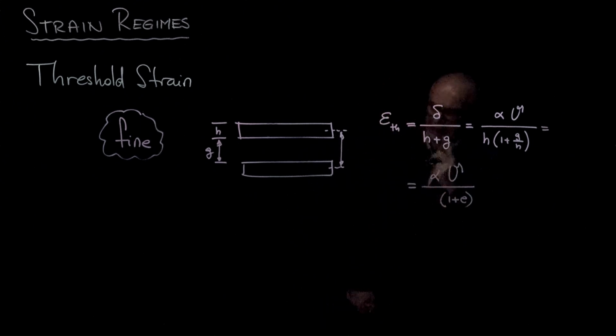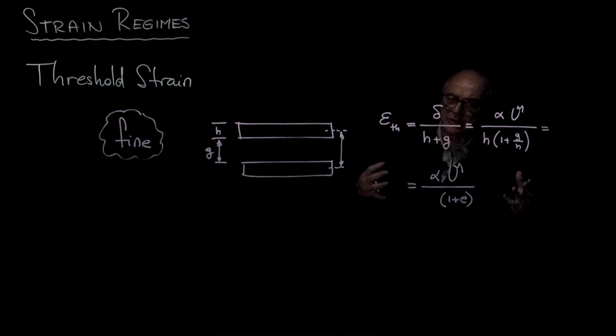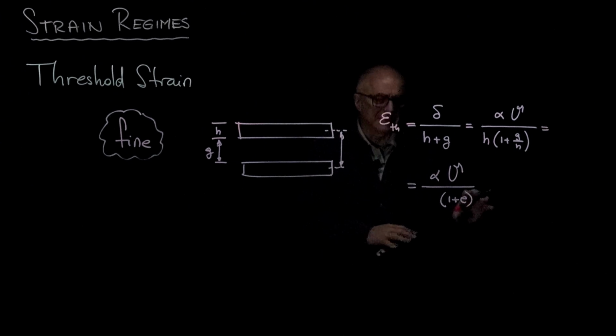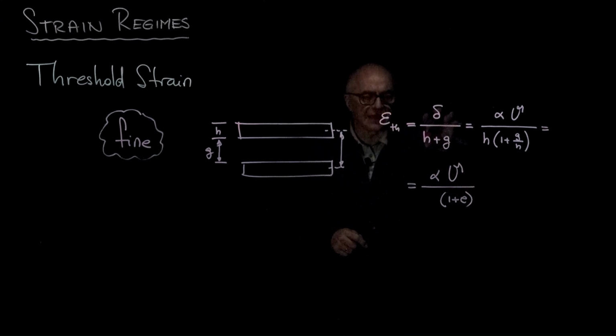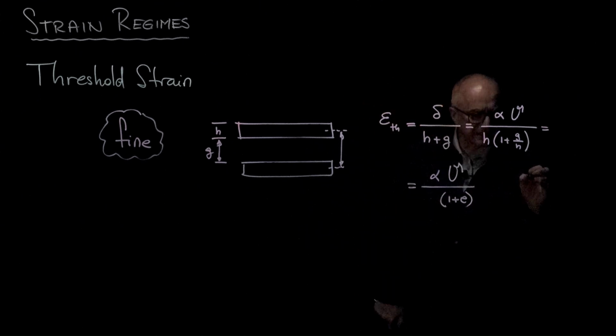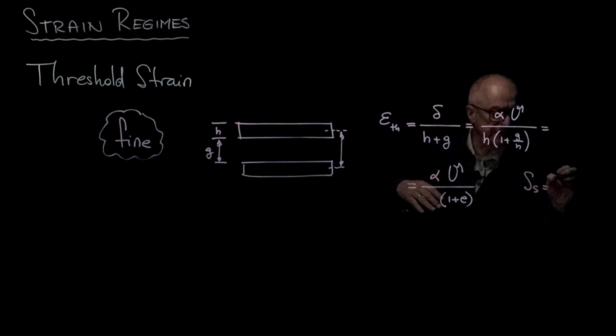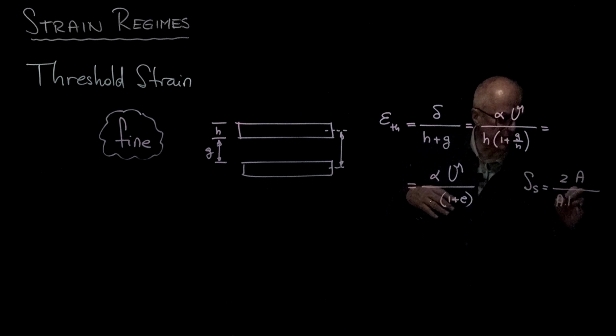Now, what about h? What macro scale measurement can we do easily that will be directly related to h? Once again, I'm trying to go in a very trivializing manner from particle scale to macro scale parameters. Well, remember that the specific surface of plate-type particles is going to be equal to two areas, the upper and the lower one, two areas, divided by area times height.